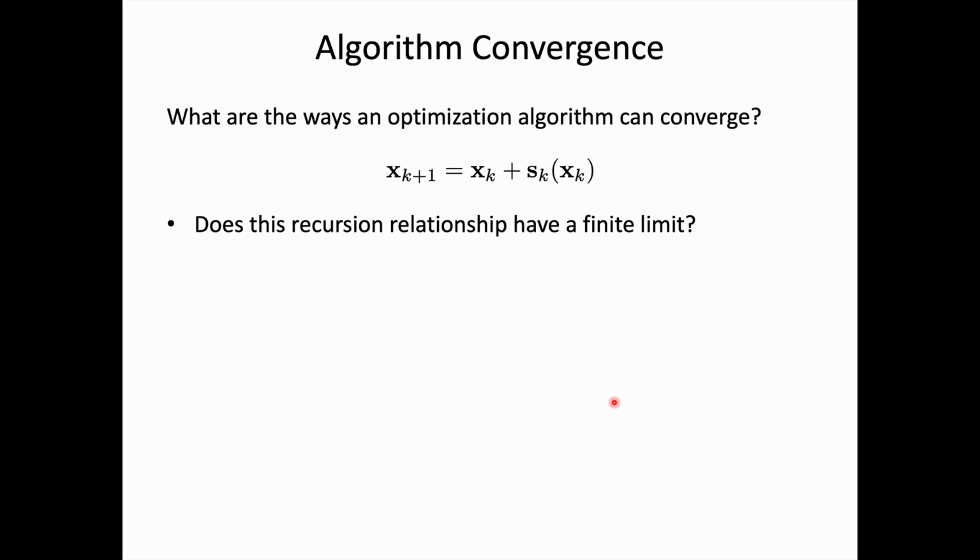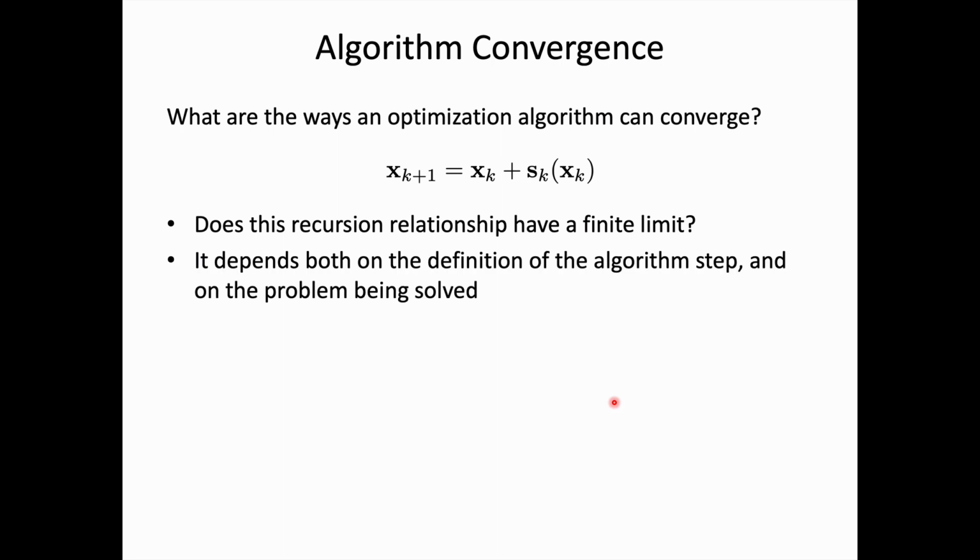Whether or not it has a finite limit depends on two different things. It depends on how we define the algorithm step, or in other words, what optimization algorithm we're using. And it also depends on the problem being solved. As we mentioned a few minutes ago, it's possible that a problem has no finite solution, no finite minimum, and if that's the case, we may have a perfectly good algorithm, but it's not going to converge to an optimal solution because it's an unbounded problem.